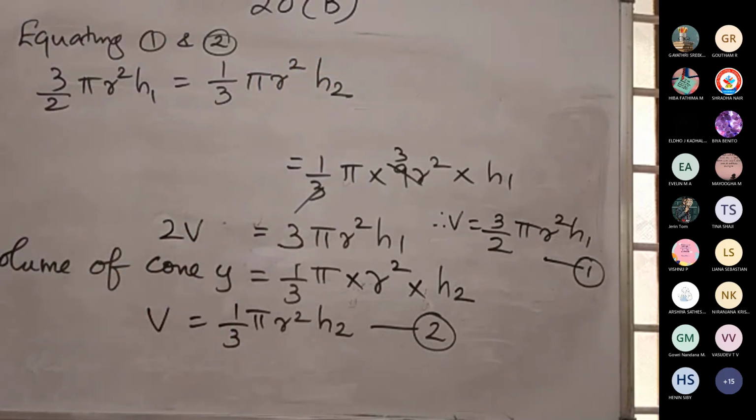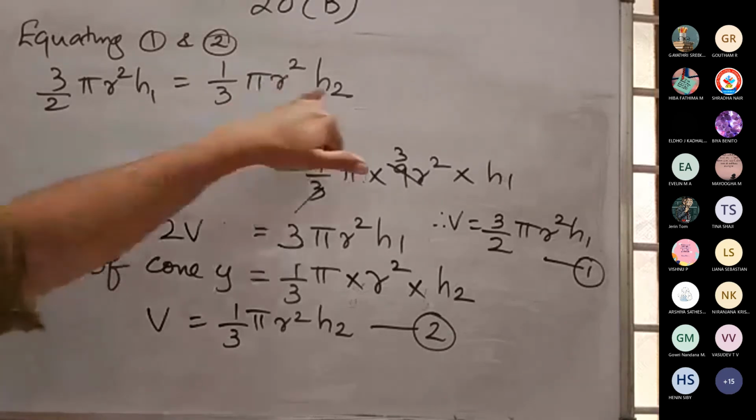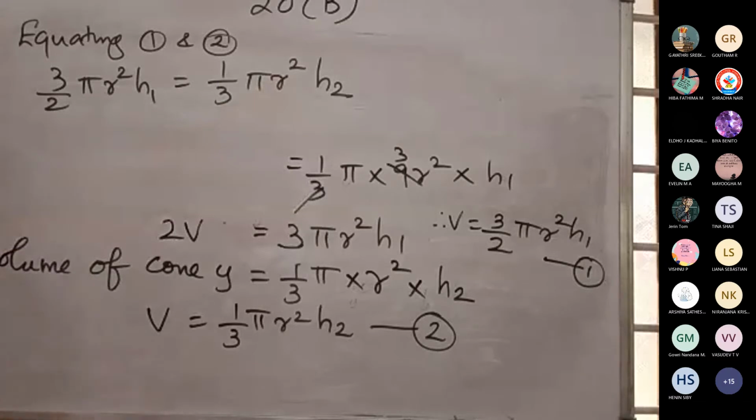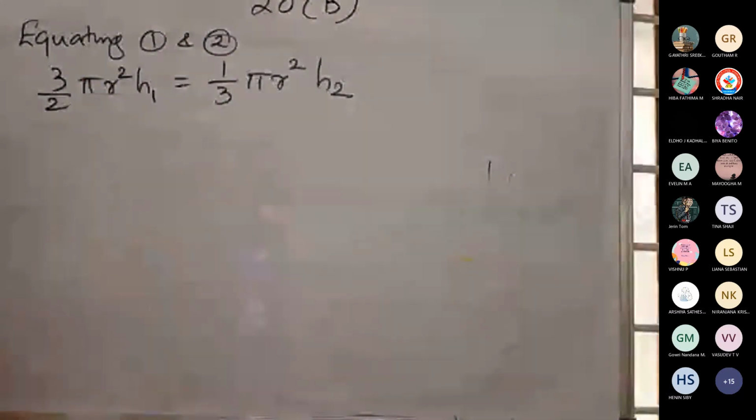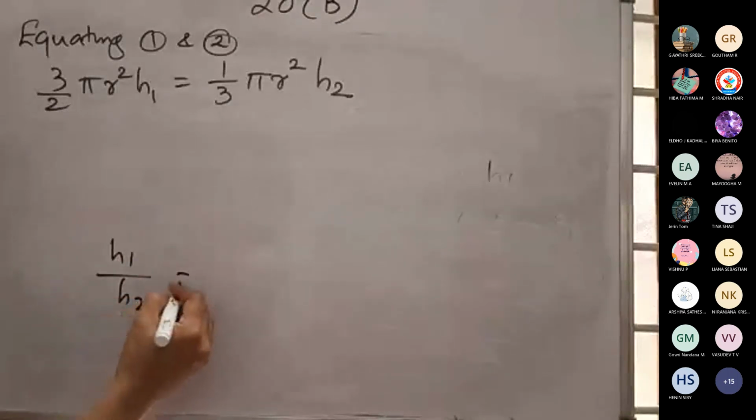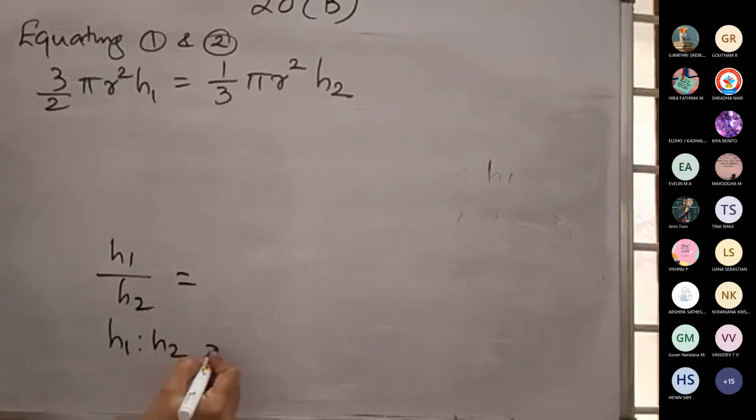We have to find out the ratio between heights, that is H1 is to H2. For that we have to find out H1 by H2, then H1 is to H2 we can write.